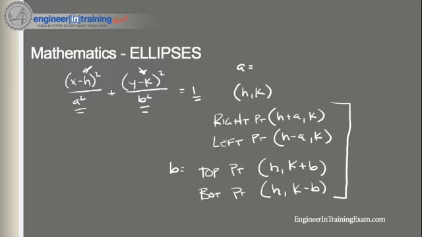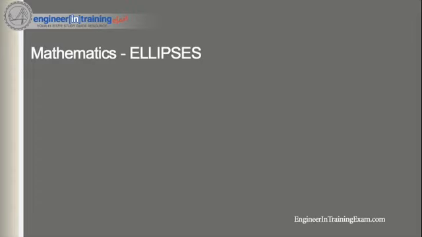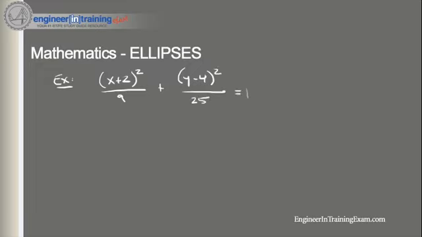So let's quickly look at an example here. Let's say we're given an ellipse with the general form of (x plus 2) squared divided by 9 plus (y minus 4) squared divided by 25 is equal to 1. What we want to do is find the rightmost, the leftmost, the top, and the bottommost points of this ellipse.